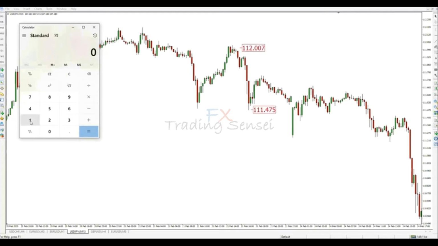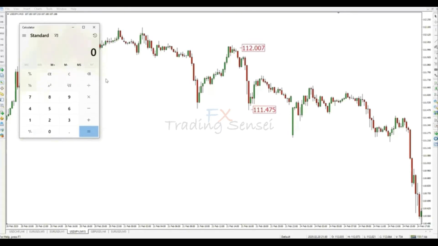So in this case, we will subtract 11200.7 from 111475.7. And that's 53.2 pips. So that would represent the difference between these 2 points. And that's how you can know how many pips are between there.